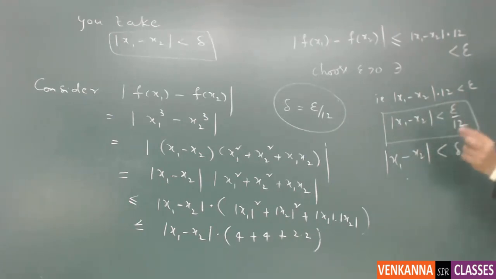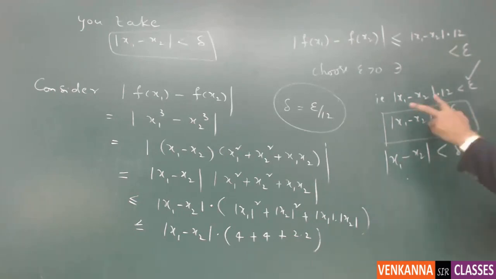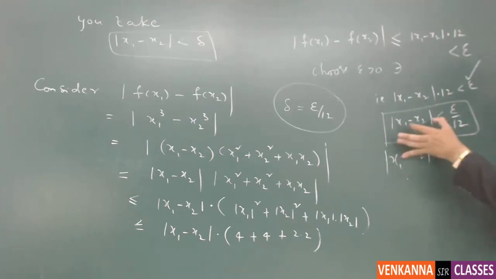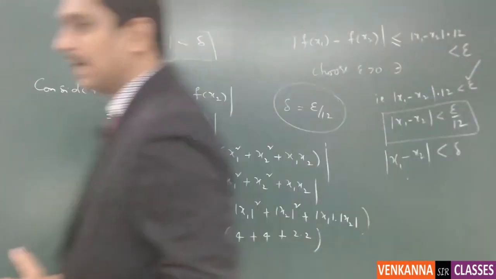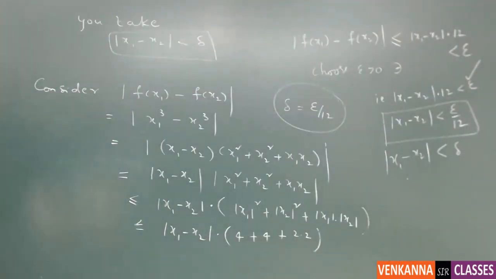Actually, the original inequality is mod x1 minus x2 into 12 is less than epsilon. Epsilon is chosen in such a way. So to draw a relation between delta and epsilon, I have reduced this value to epsilon by 12, so that in both inequalities the LHS is the same, so the RHS could be the same. That is the idea. Clear? Right.